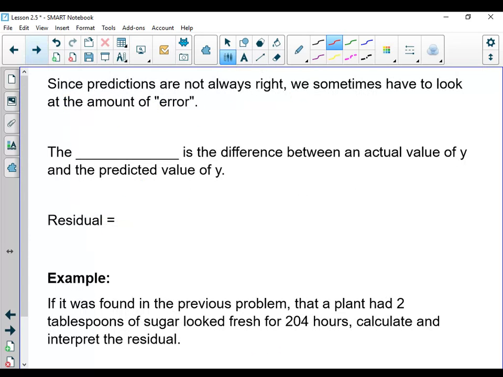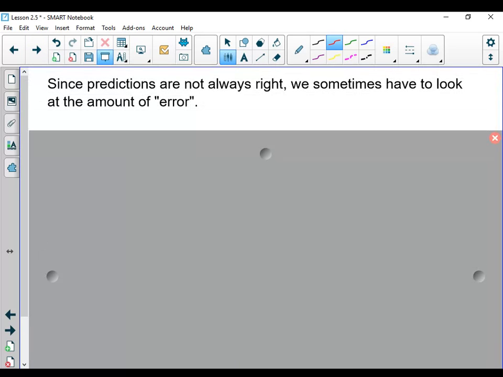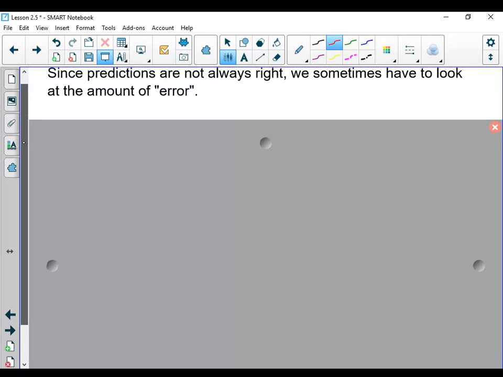All right. The last thing we're going to have to do, or a couple things actually, but one of the things we're going to have to do is, all right, we made this prediction. But because it is a prediction, we know it's not always going to be right. So sometimes we have to look at, well, how much error do I have when I made this prediction?